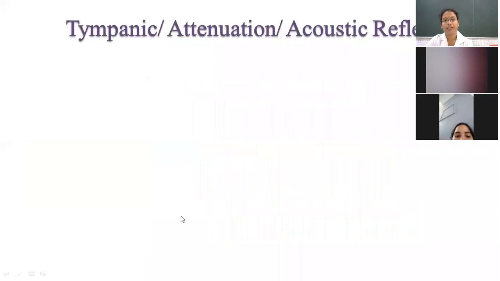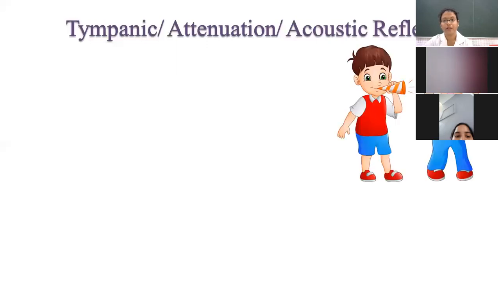Now what exactly is tympanic attenuation or acoustic reflex? Now here in this picture, this boy is suddenly blowing a horn, and this boy is surprised. I think we must have faced this scenario many a time in our daily routine. We usually get startled, or sometimes it is very annoying also.